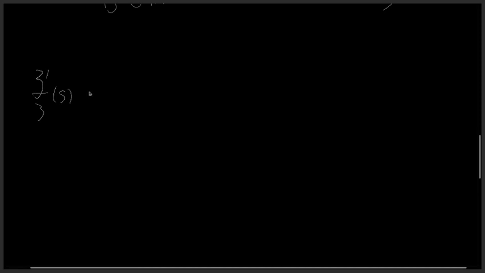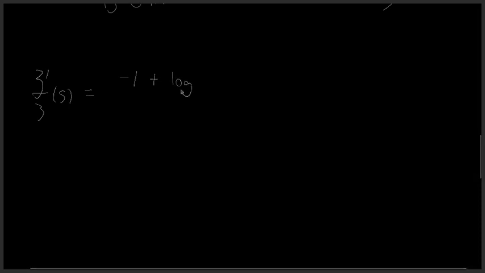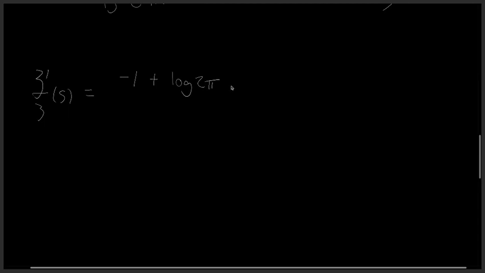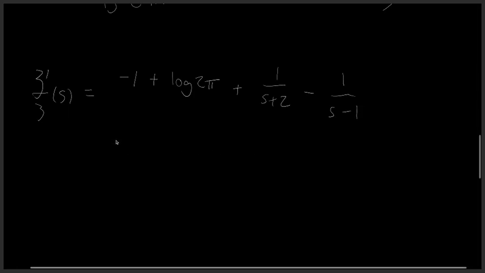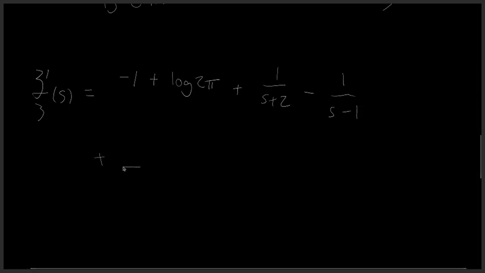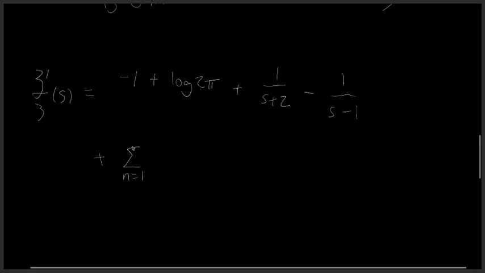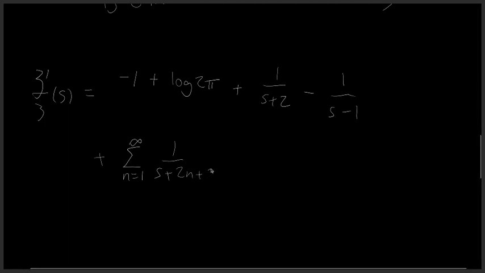at s was equal to, here I'm going to write, minus 1 plus the log of 2 pi plus 1 over s plus 2 minus 1 over s minus 1 plus the sum n from 1 to infinity of 1 over s plus 2n plus 2.